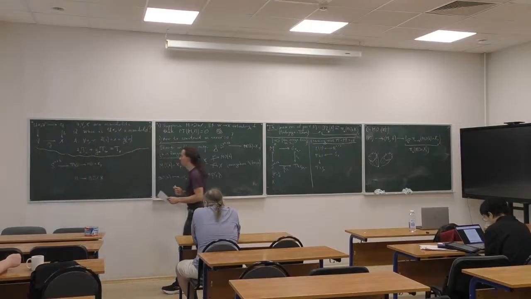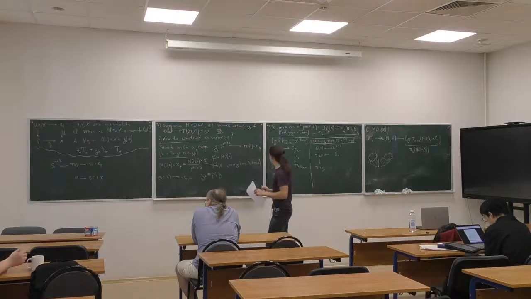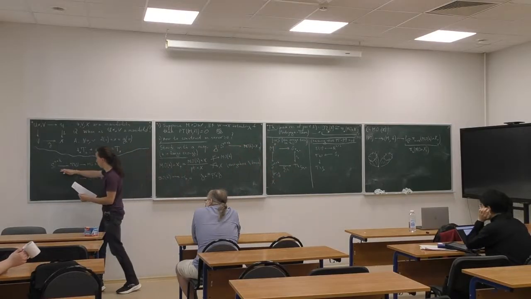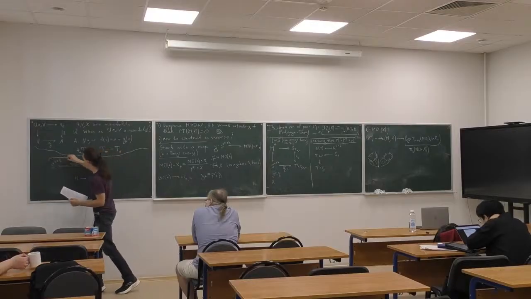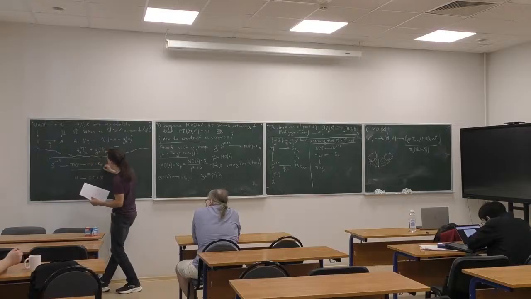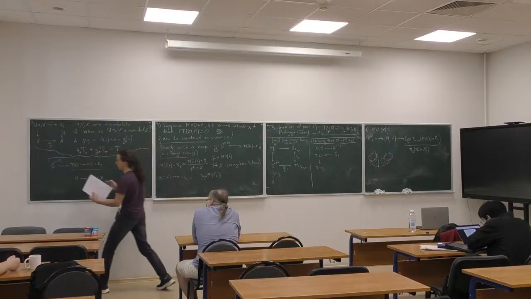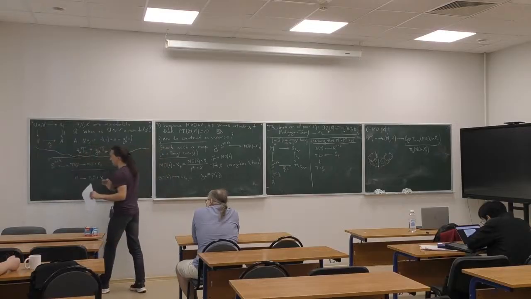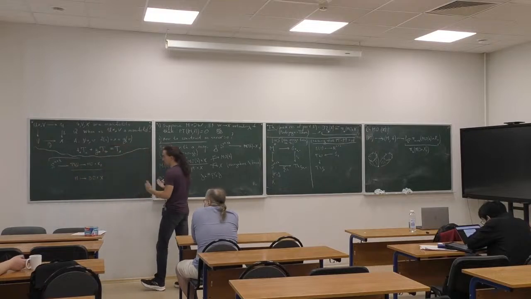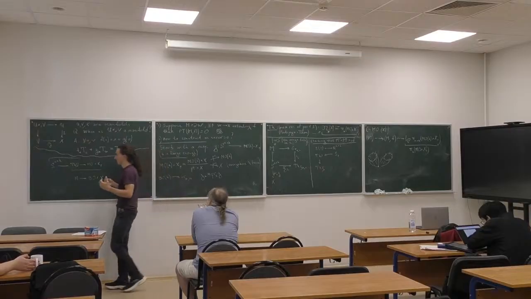So this is the composite map, but now observe that it really consists of two different things. We have defined this map separately, and this map separately.